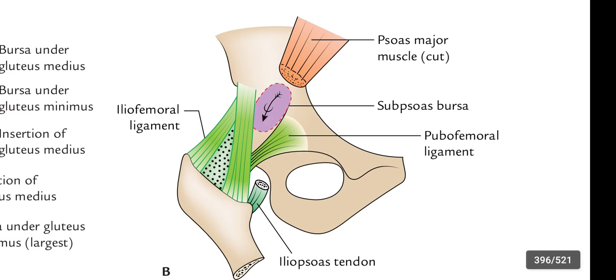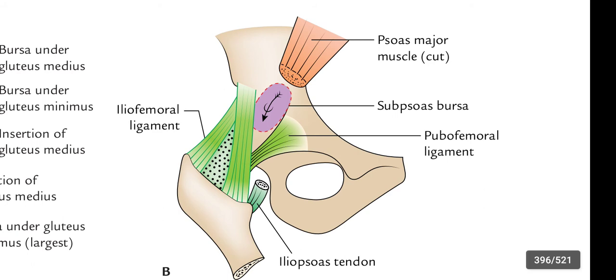We call this the subpsoas bursa. And this subpsoas bursa directly communicates with the synovial cavity through a small, thin gap between the iliofemoral and pubofemoral ligaments.